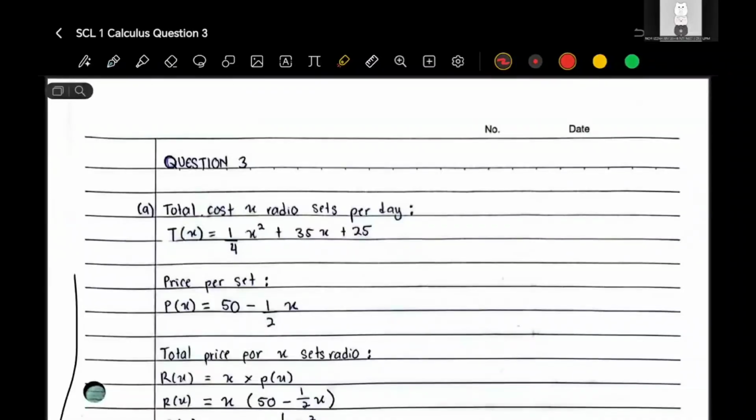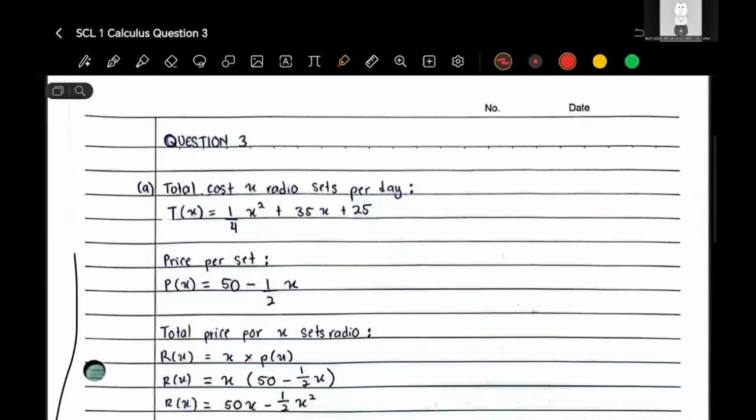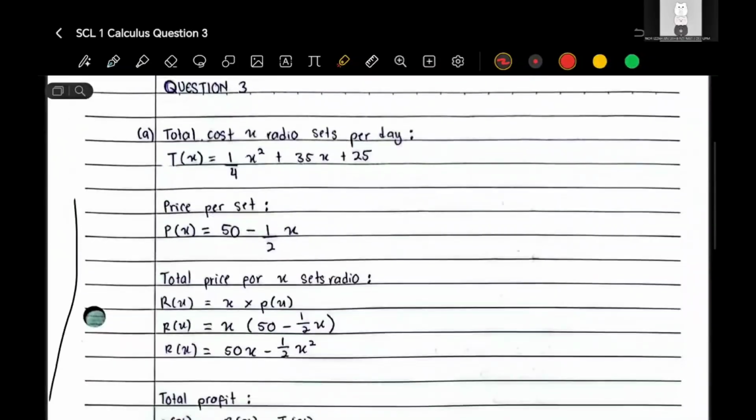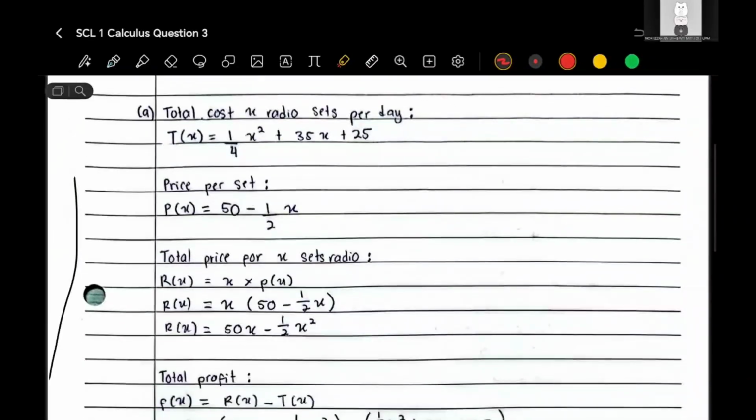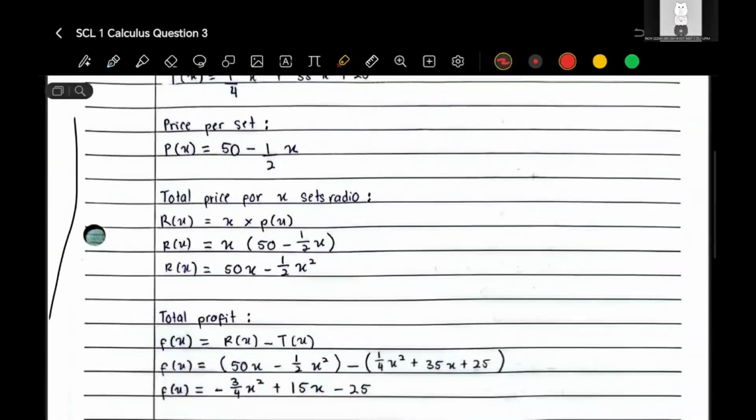it is given that the total cost of x radio sets per day is T(x) equal to 1/4 x squared plus 35x plus 25. And for the price per set, which I denote as P(x), it is 50 minus 1/2 x.